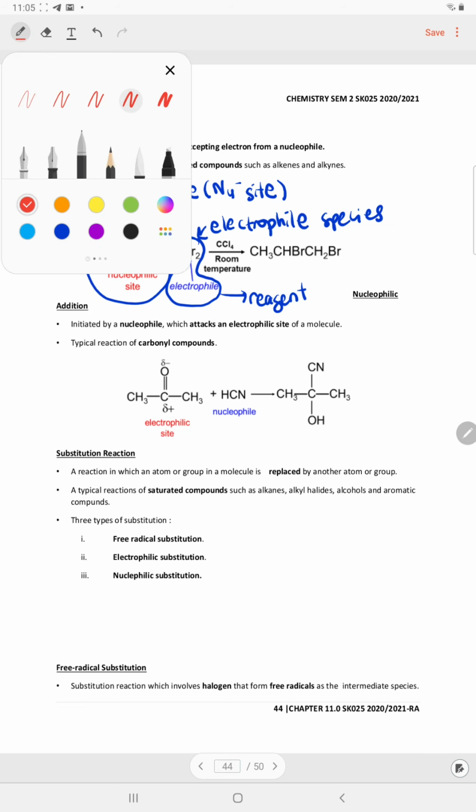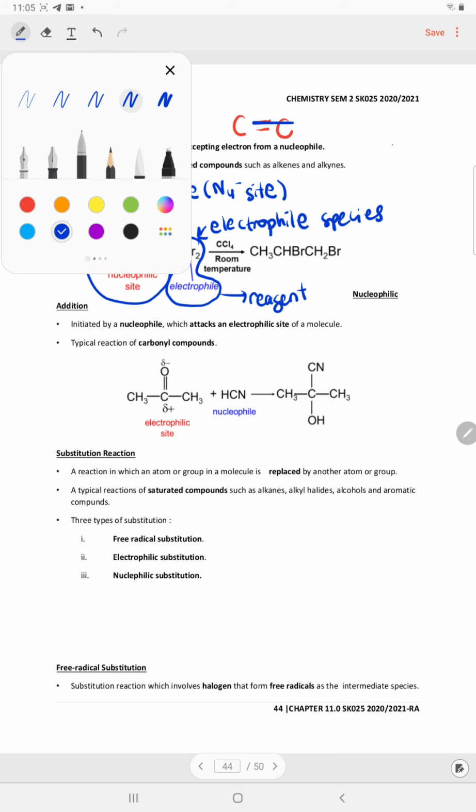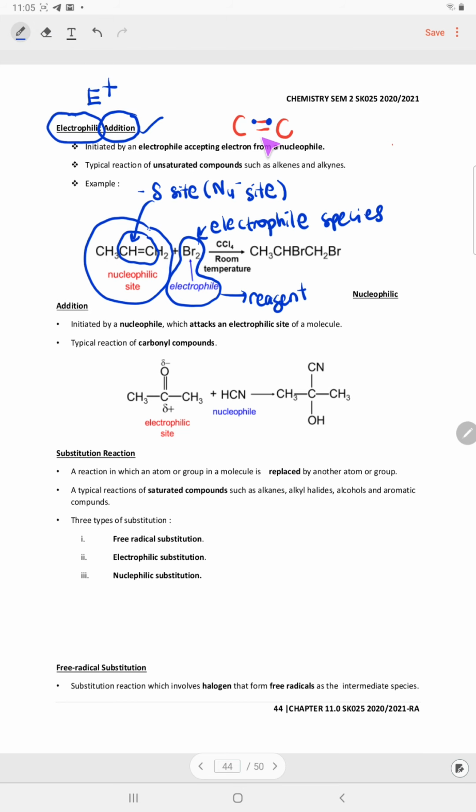Okay, so when we look at the compound consisting of the carbon-carbon double bond, this double bond has 1, 2, 3, 4 electrons. So this becomes a partially negative side. When it is a partially negative side, this is a nucleophile site, so the species added must be electrophilic.